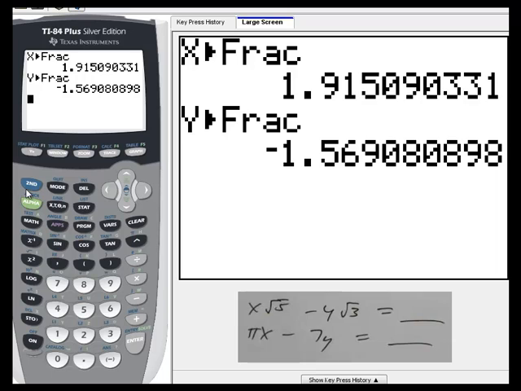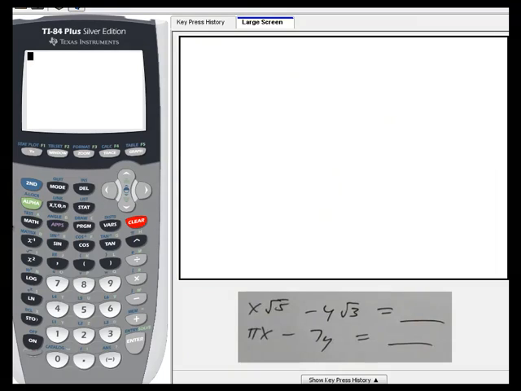Okay, let's go. Alright, at the calculator, maybe we decide to clear the home screen, clean slate, and let's take a look at the left-hand side of that first equation. We have recorded x square root of 5.